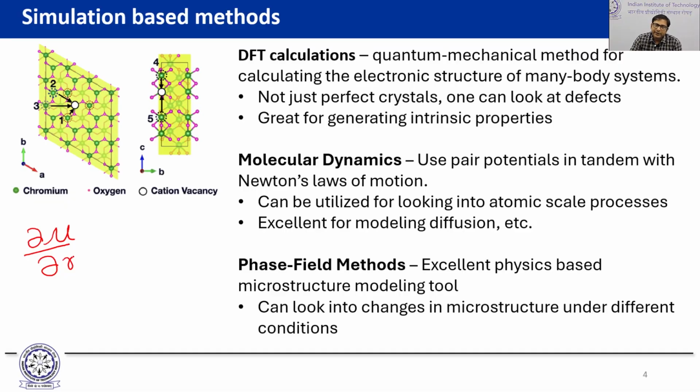So if someone is doing microstructure informatics and they do not have a big enough library of experimental microstructures with them, then they can simply dive into phase field modeling and start generating synthetic microstructures from there.